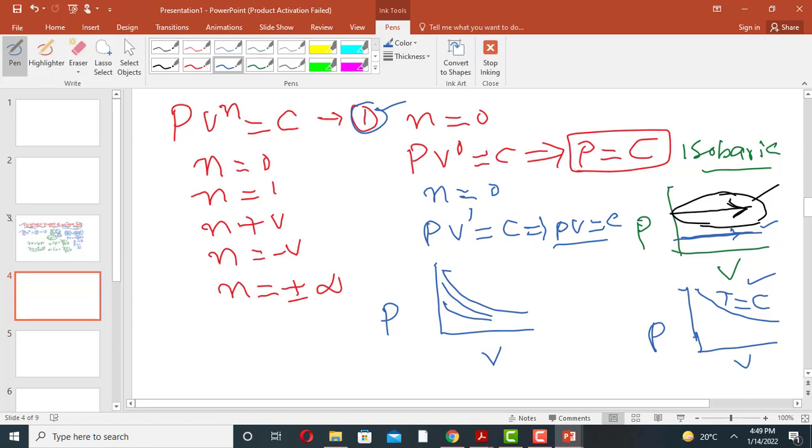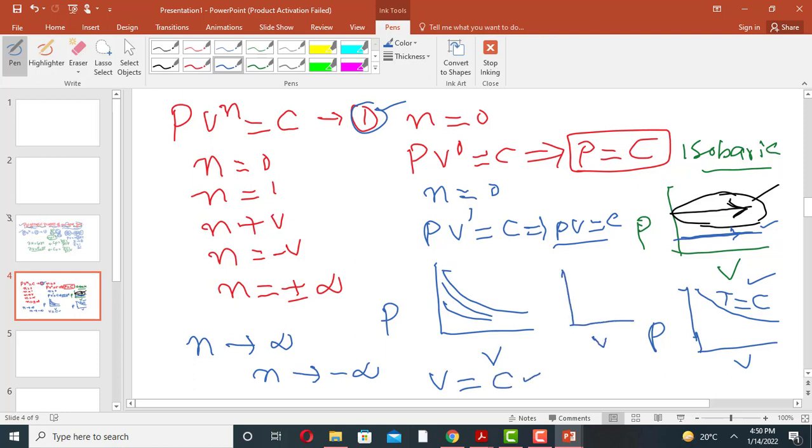Similarly, when n tends to infinity or when n tends to minus infinity, the volume of the process will be constant and it will be called the isochoric process. Like this is the V, this is the P. Suppose this is the volume of the system at point number 1, and at point number 2 the volume is this. So it is called the constant volume process, or the isochoric process.